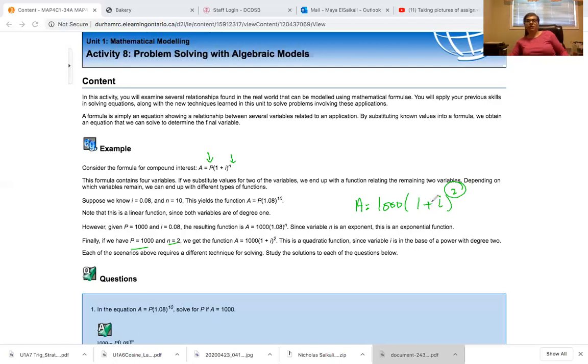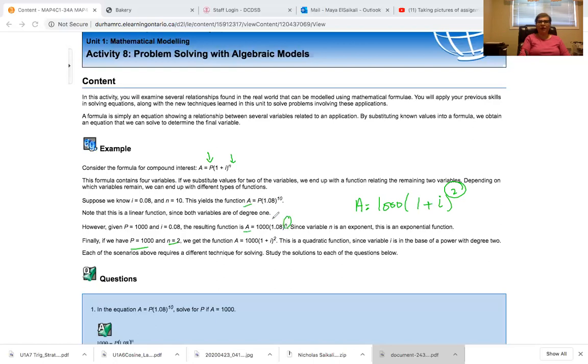So now solving for whatever variable I have left in these equations. So let's say in the first equation I have A and P, right? If they give you A, you can solve for P, or if they give you P, you can solve for A. In the second equation, you have A and N, right?